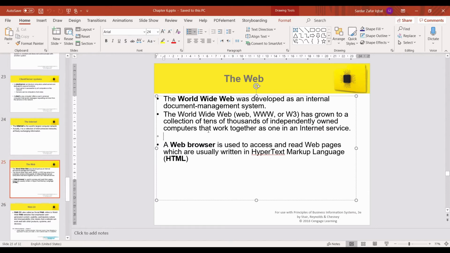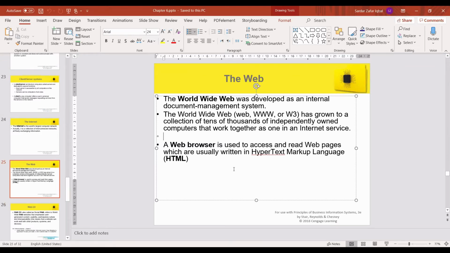There is one organization, or body, called the W3 Consortium. This organization is responsible for making all kinds of standards and rules for websites.